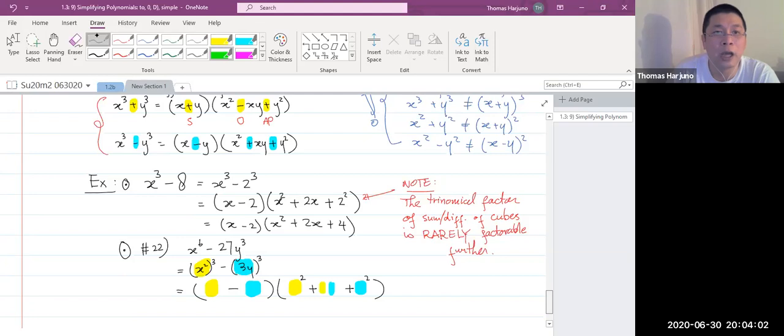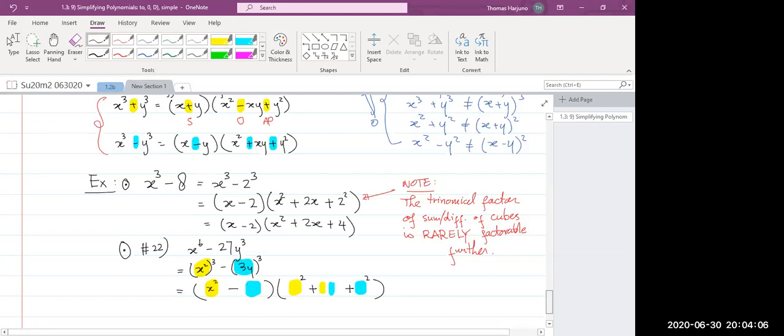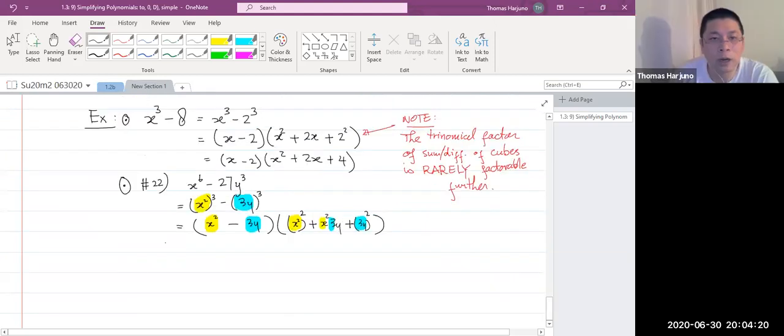Okay, now then I replace the yellow and the blue by the corresponding expression. Then from there, I simplify further to make it look better.